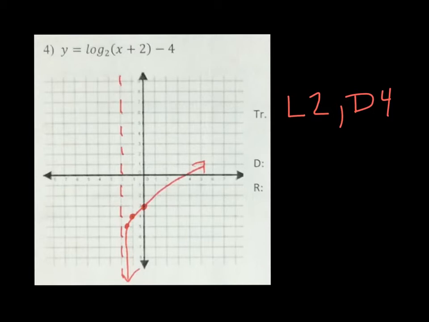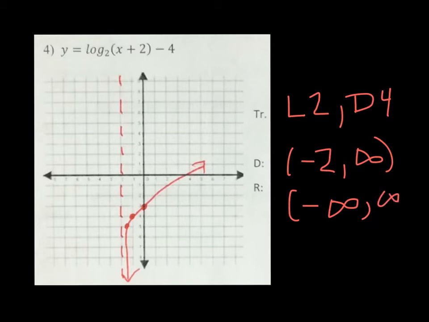The domain is now negative 2 to infinity, and the range continues to be negative infinity to infinity.